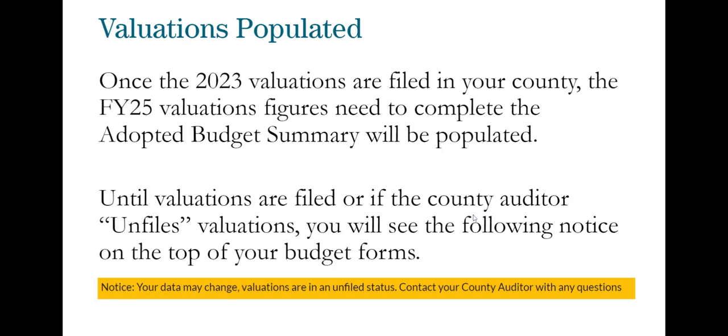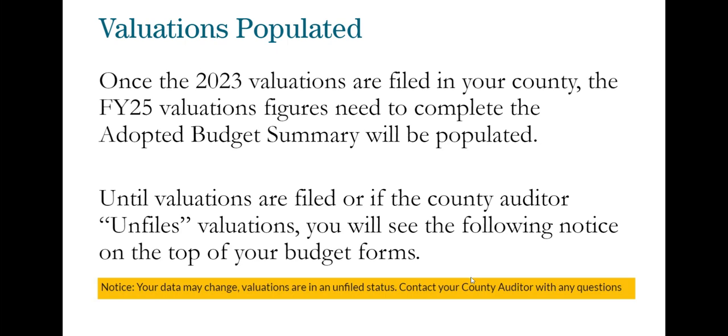Again, your county auditor files those valuations, and once the 2023 valuations are filed, those figures are going to populate automatically into your budget. Until valuations are filed, or if the county auditor unfiles valuations for any reason, like to make a correction, you'll see this yellow notice.